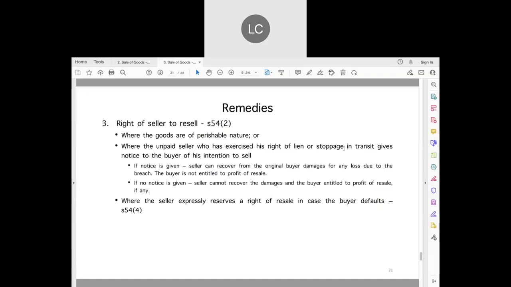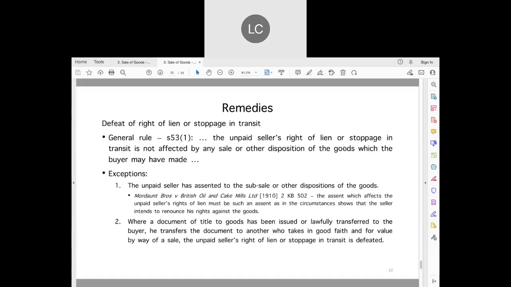Okay, so under this subsection, it's the prior agreement of parties in the contract that if the buyer defaults in payment, there is an express right and power to terminate the original contract, so that the property in the goods goes back to the seller. So when the seller resells the goods to a new buyer, he can confer a good title on that new buyer as against the original buyer.